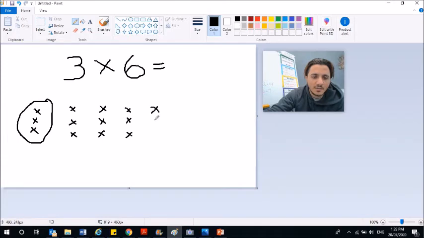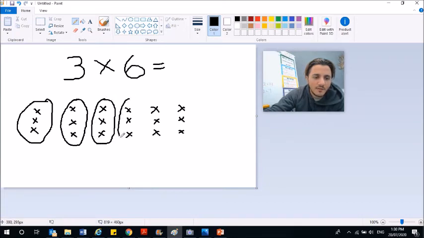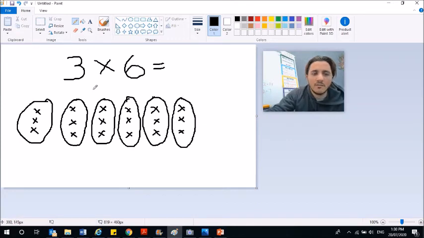I need 6, so there's my 5th group. 1, 2, 3, and 1, 2, and 3. Now let me just circle my groups. There's my second group. There's my third group. There's my fourth. There's my fifth. There's my sixth. All right, so I've shown exactly what this equation is.